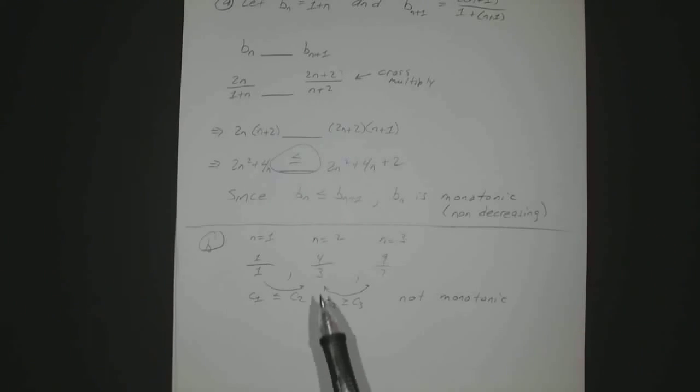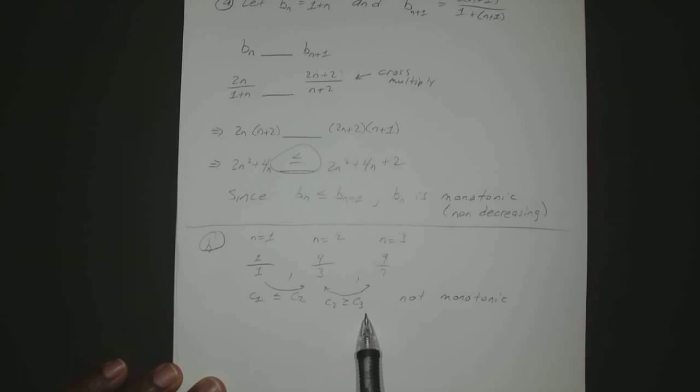But the thing is, the higher this goes, this actually will remain true. C sub 3 will be bigger than c sub 4. C sub 4 will be bigger than c sub 5. So if we drop the first one, it would be monotonic. But as long as we have that first one, it's not monotonic.